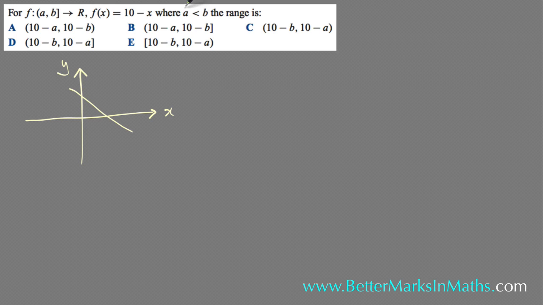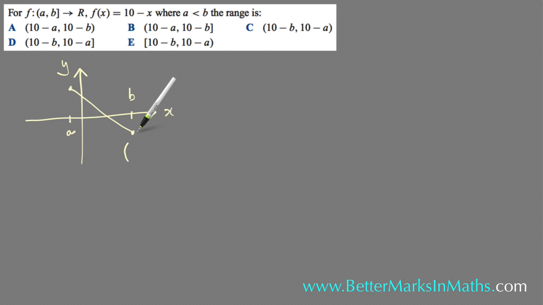And all you're really told about the domain is that a is less than b. So if I make the x value here a, and the x value here b, then to work out the range you have to figure out the lowest y value, which is going to be here, and the highest y value, which is going to be here.